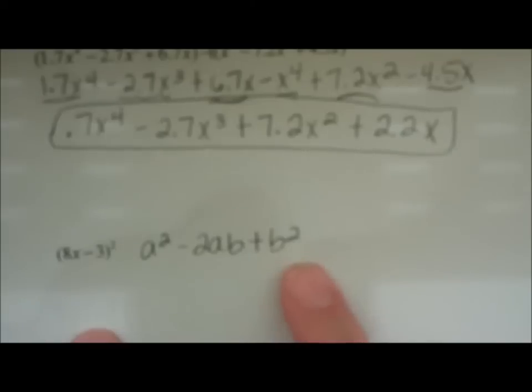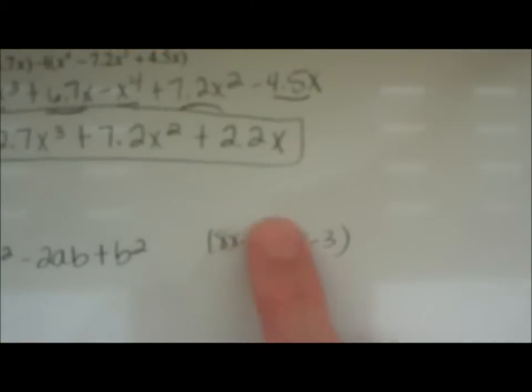Okay, number 18. Now this is one of those where you can do a squared. Now this one's going to be minus 2ab plus b squared. Now if you don't do it this way, remember you can rewrite it. 8x minus 3, 8x minus 3, and do the distribution to the parentheses.